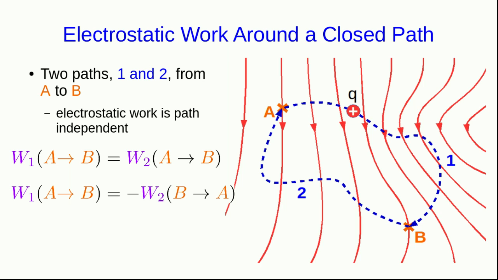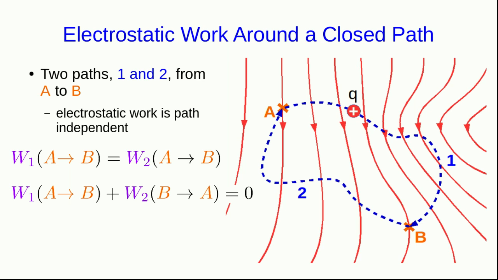Notice that from A to B along 1 and then B to A along 2 is a closed path. And so what we have is that the sum of these two works around the closed path is 0. But this is totally general. This is just something that's happened because we know that electrostatic work is path independent.